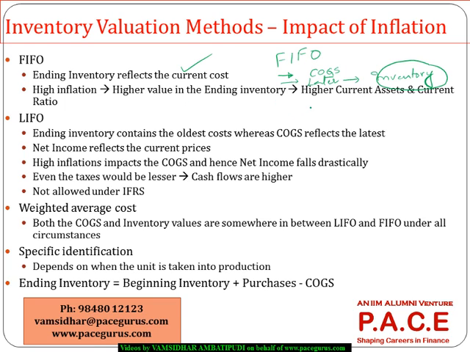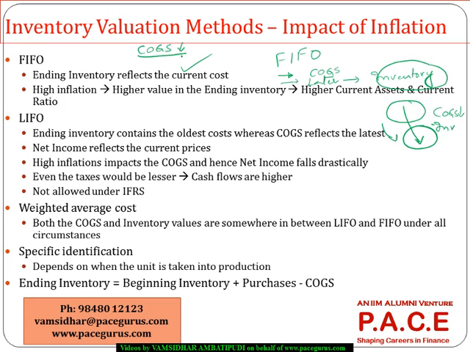So in case of inflation, especially when prices are going up, because the earlier prices go into cost of goods sold, cost of goods sold may be lesser, whereas the inventory, which accommodates the later purchased goods, will have a very big number, because the later purchased goods are costing very high. So with the FIFO based valuation method, the cost of goods sold will be lesser.